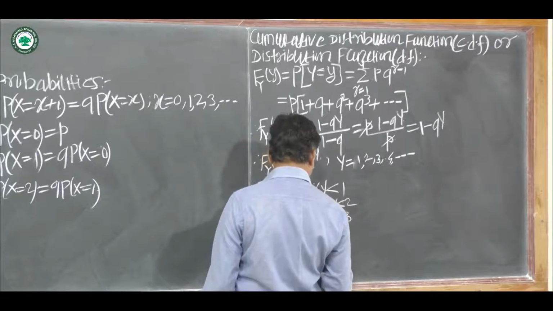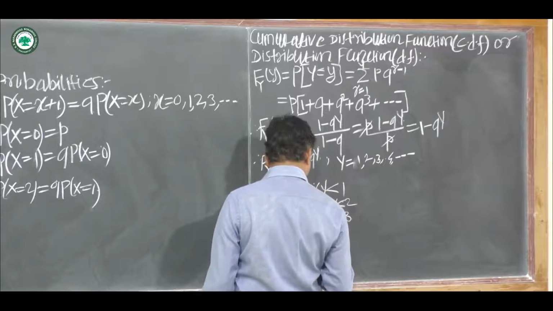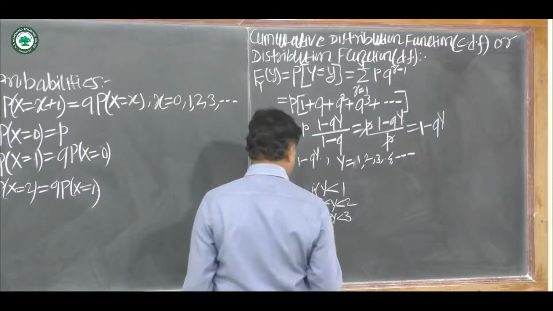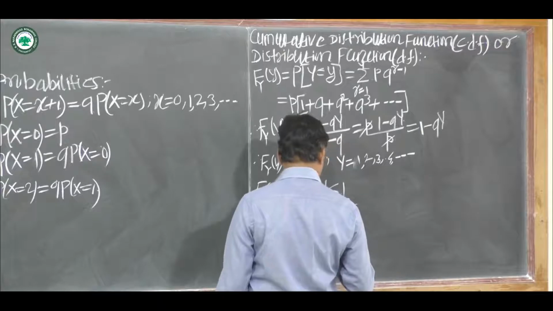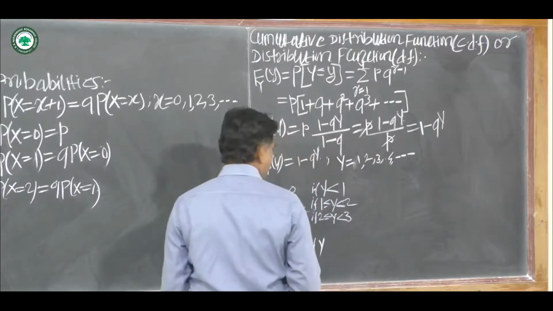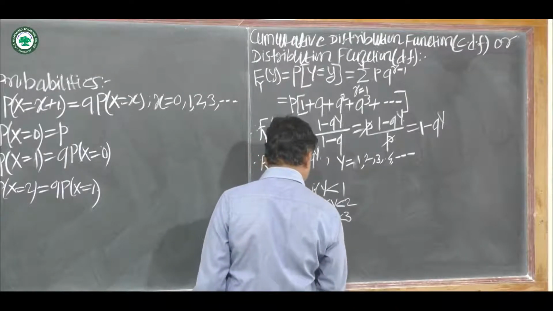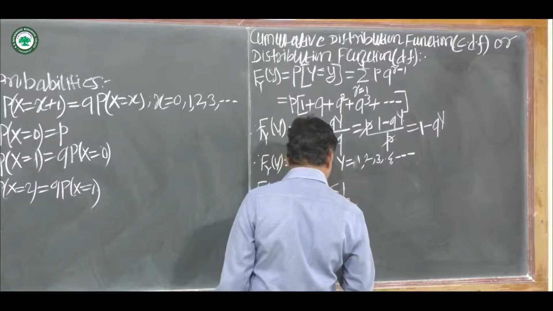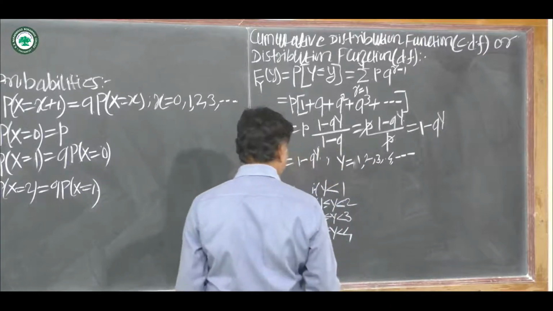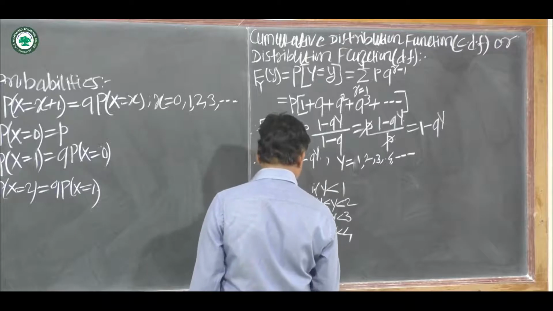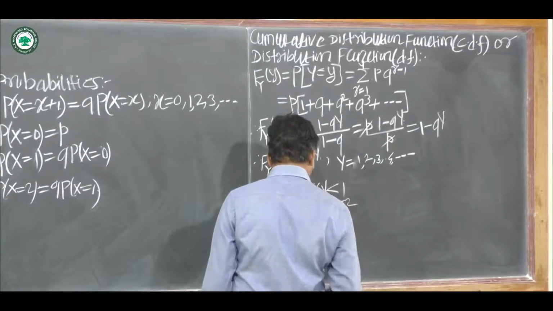This is 1 minus q raised to y, which is equal to 1 minus q cube if 3 is less than or equal to y less than 4, okay, and which is equal to 1 minus q raised to y.